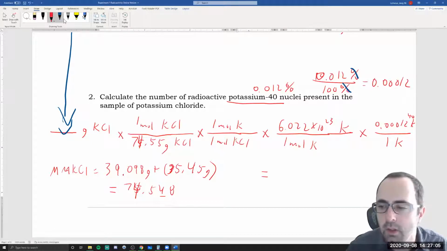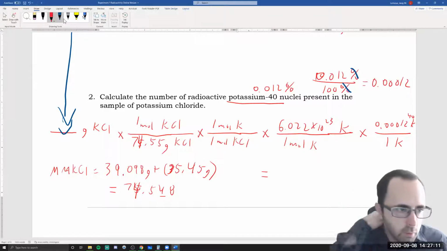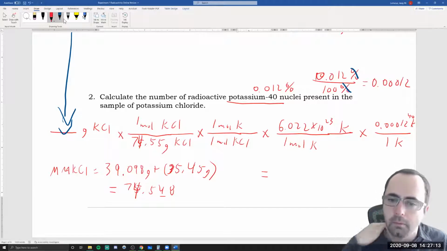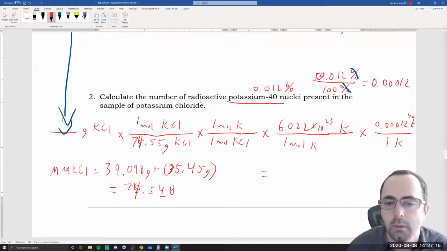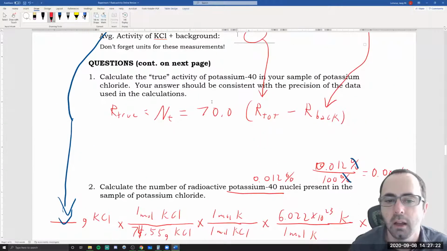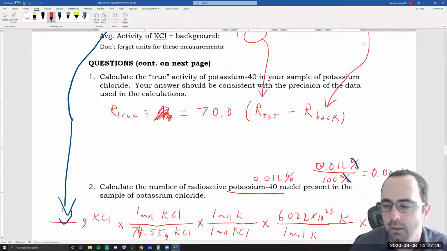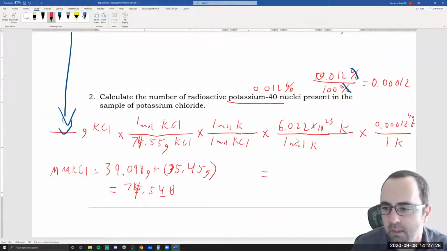I'll leave the punching up to you, but I think that's where most students get stuck on this one. So yeah, that will give you your number. And I want to make a correction here. I said NT. Sorry, this is our NT. Man, I messed up. Sorry about that.